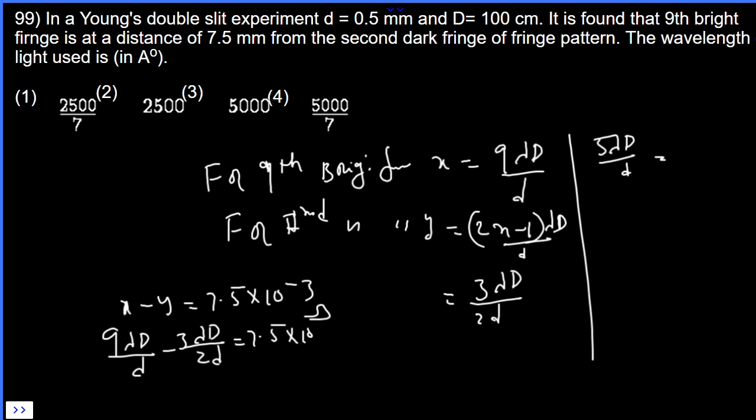After simplification we get 15 by 2, lambda D by d is equal to 7.5 into 10 power minus 3.